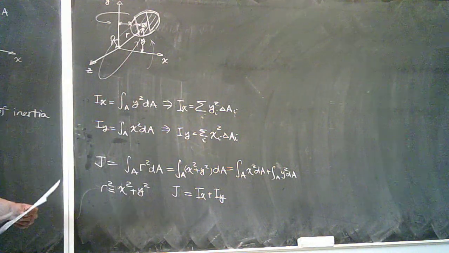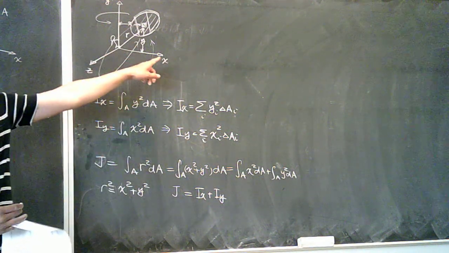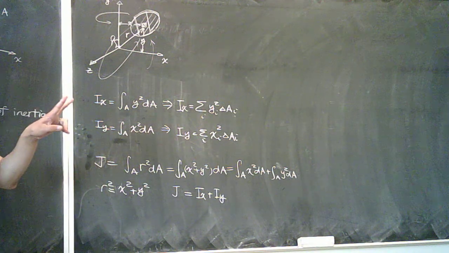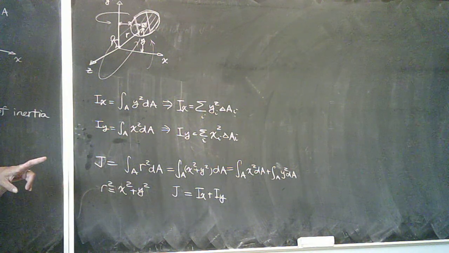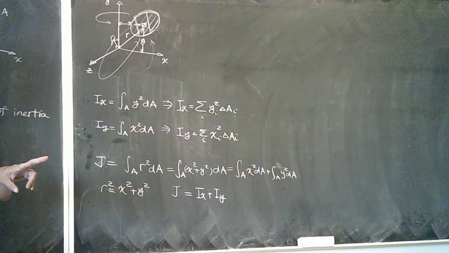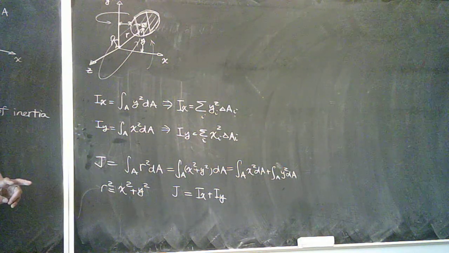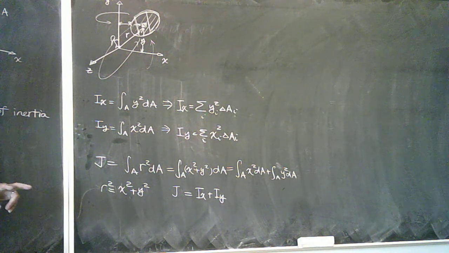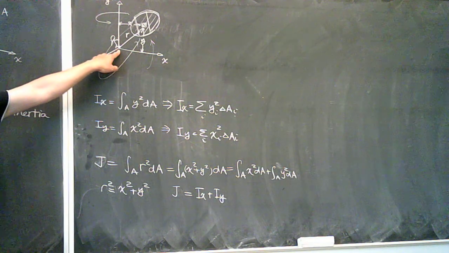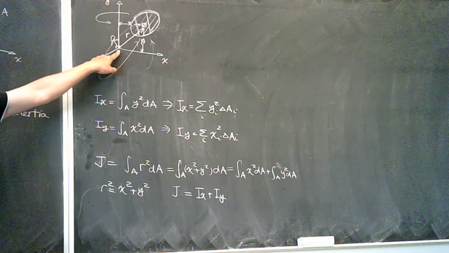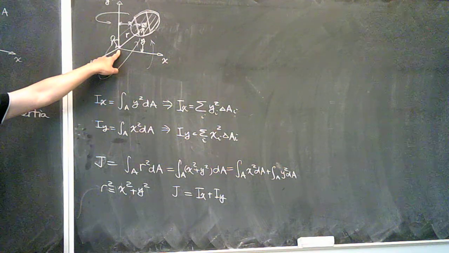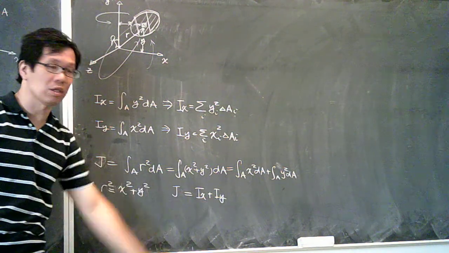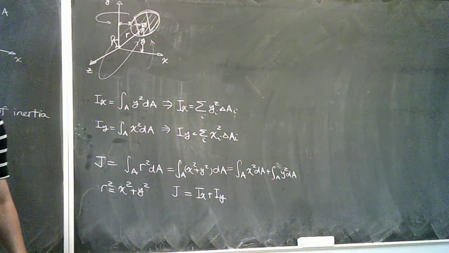So it means that you are given two moments of inertia about the x-axis and y-axis. Now I'm asking you, what is the moment of inertia about the origin? You don't need to do any complex calculation. You just add those two things together, and you get your answer.